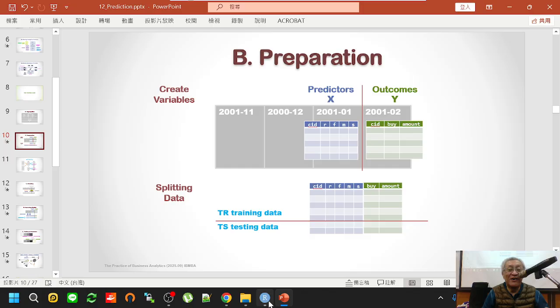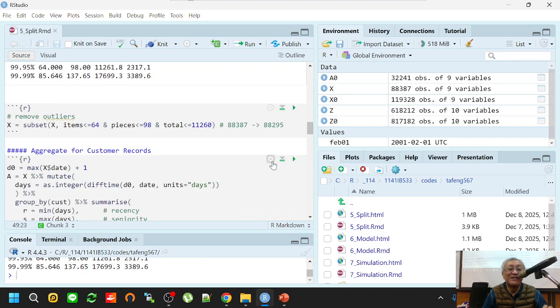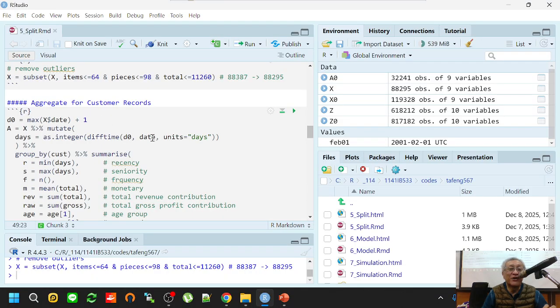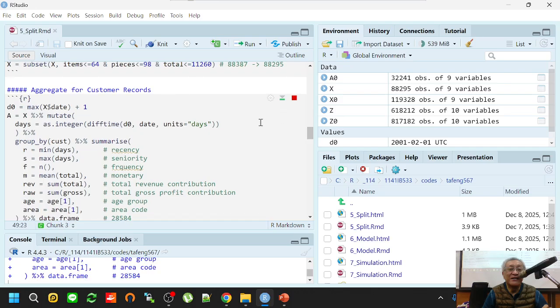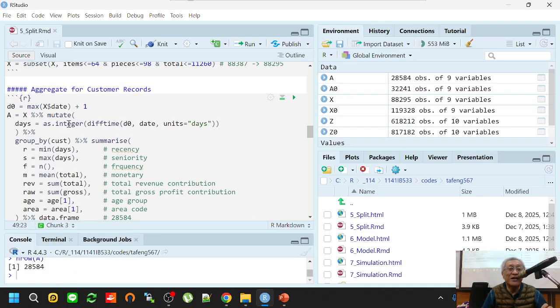Now, after aggregating into transactions, we want to aggregate the transactions into customers, right? Remember that? So again, I remove some outliers. We have done this previously, so I'll just run through it. And then this is the aggregation for a customer. And again, we need to make a new variable.